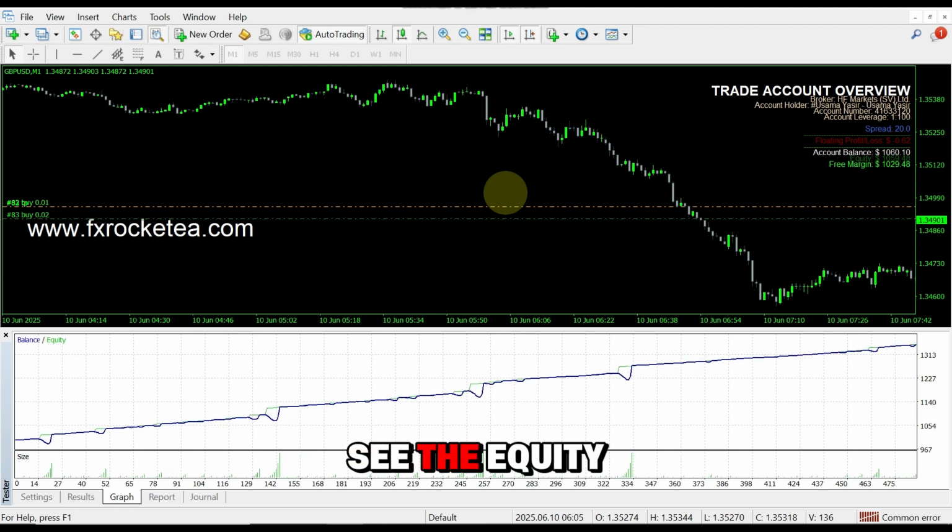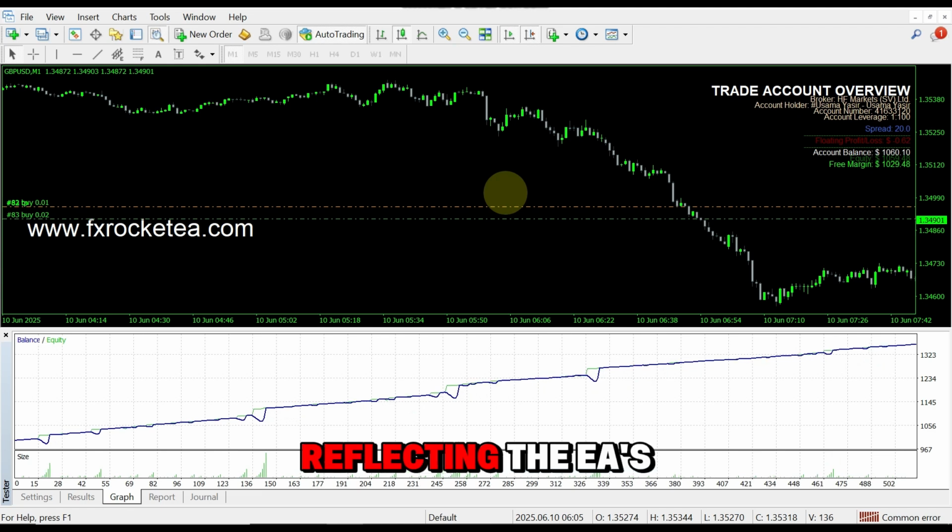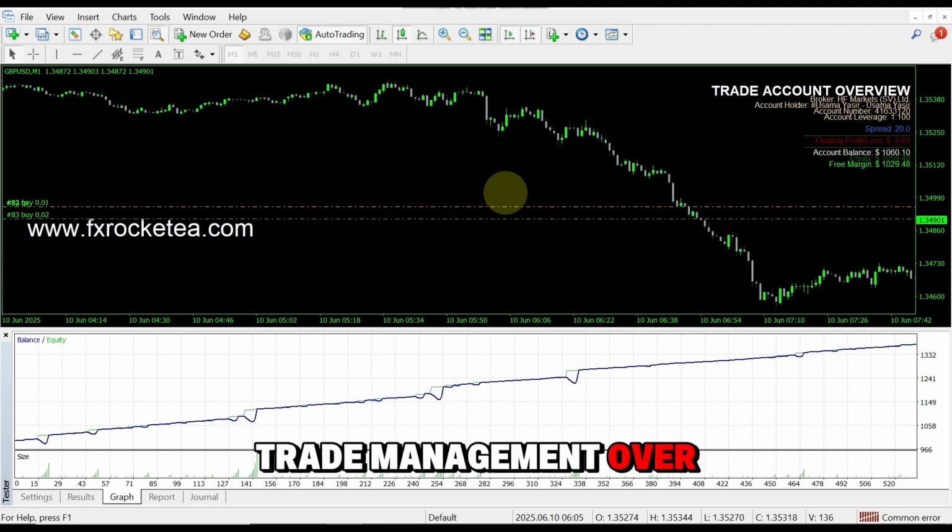As you can see, the equity curve is gradually rising, reflecting the ease of trade management over this period.